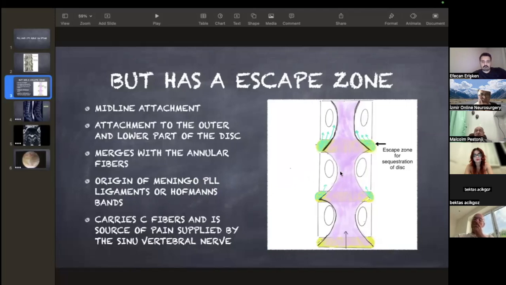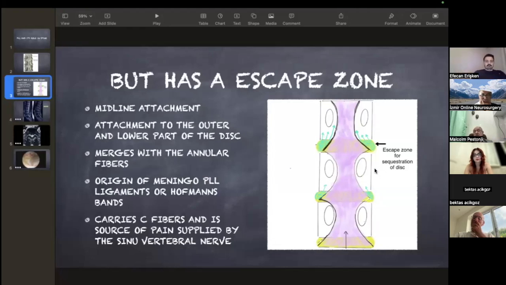The reason for that is that this PLL, which is attached to the midline, and these meningovertebral ligaments, sometimes because of an oddly placed herniation of the disc material on one side, causes a stretch and a pain onto the opposite side. So you have a disc on the right, pain on the left.